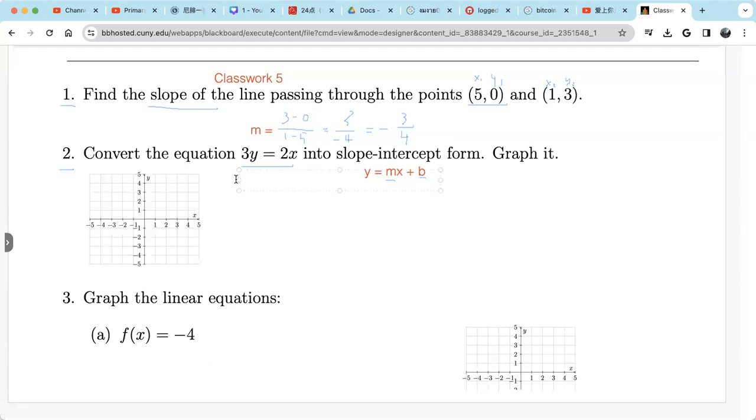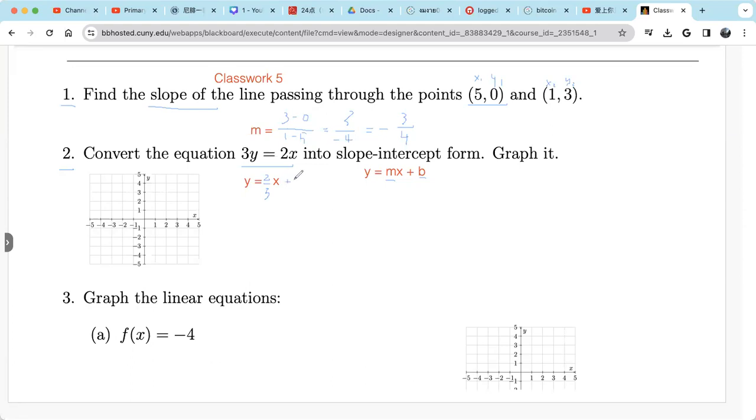So we want to rewrite it. We divide by 3 on both sides. So we get y equals 2/3x, right? Because 2x divided by 3 is just 2/3x. So slope m is 2/3, and what's b? b disappeared, right? So we're supposed to have plus b, or this is plus 0.